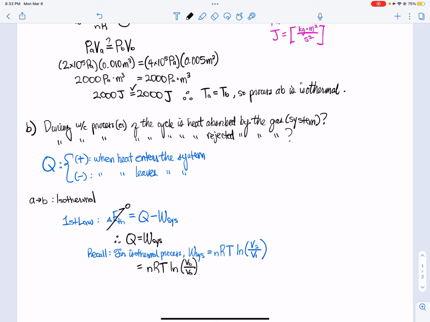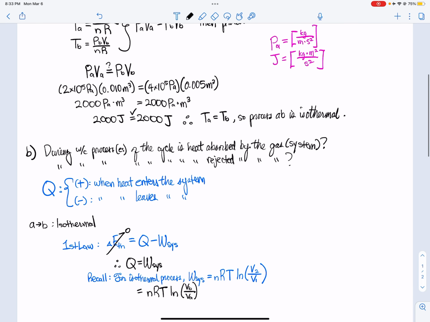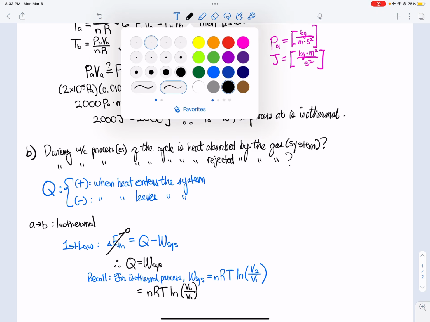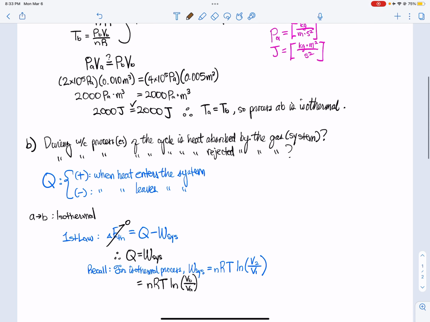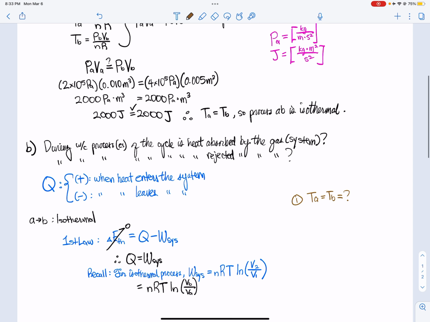We do not know what is the temperature at AB, so let's figure that out. We do know from part A that TA equals TB, so for all side missions, we're going to use brown ink, okay? Side mission number 1, find out TA and TB temperature. So we said that TB equals PBVB over nR, right?